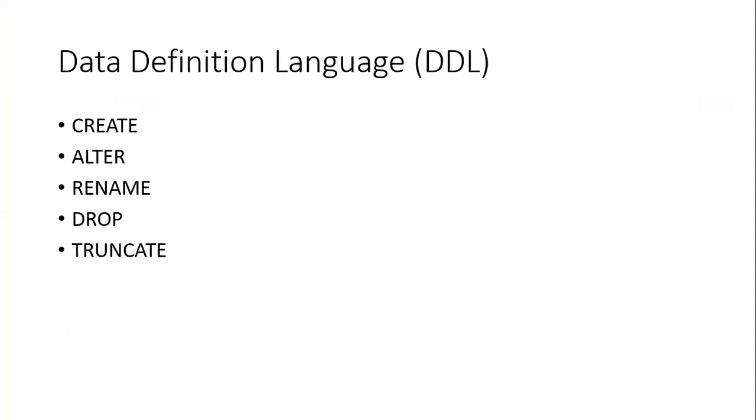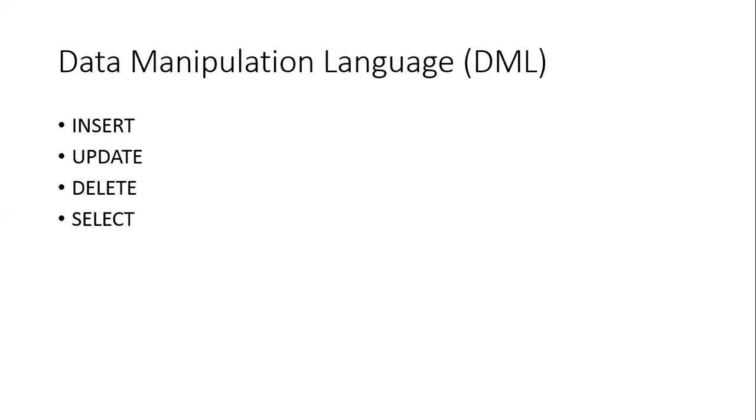Hope you understand what I said. Each one is used for: create for creating objects, alter for changing the structure of objects, rename for renaming objects, drop for dropping objects, truncate for removing all the rows from a table at once, just to clear them up.